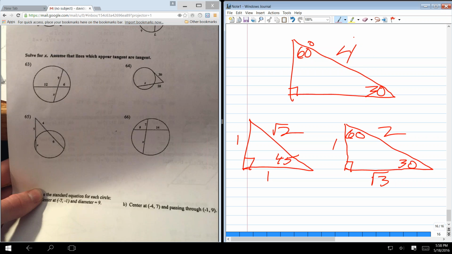No. You measure the corresponding side. You have to measure that versus the hypotenuse of the other one. So the similarity ratio is 4 over 2. Okay? Which makes this side down here 2√3, and it makes this side over here 2.